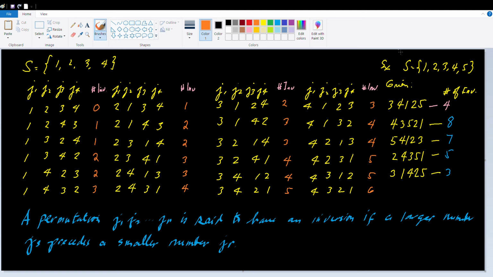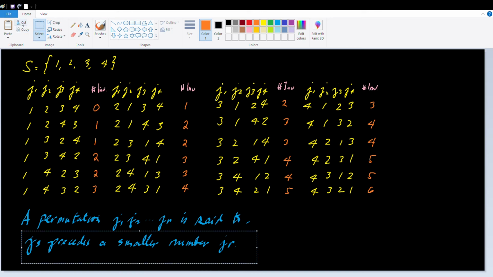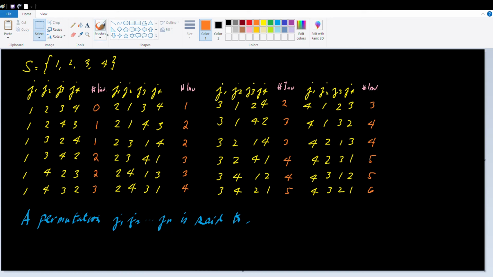Okay, let us have another definition. A permutation J1, J2 up to Jn is said to be an even permutation if it has an even number of inversions.